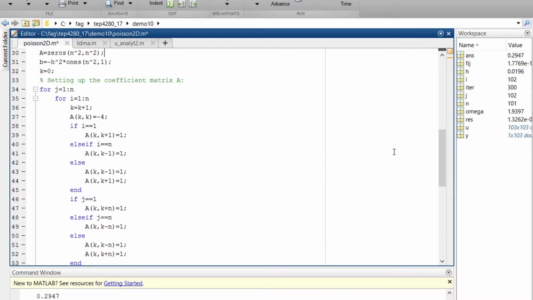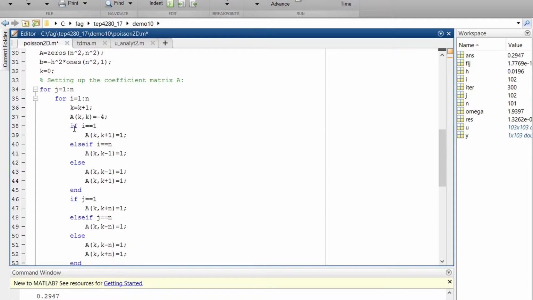Well, the logic I've used here is sort of a straightforward one. You start by setting a counter equal to 0, and then you go through your entire domain, the innermost loop for i, and then the outer for j, and then you just add to this counter. And if you are on the center, well, the center coefficient should always then be -4 on the diagonal.